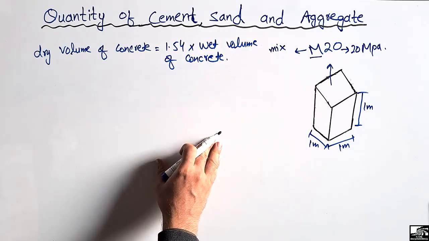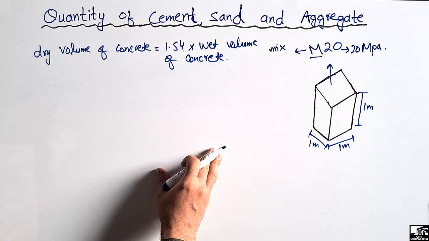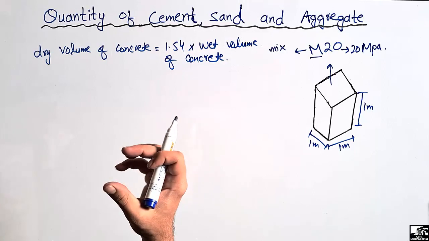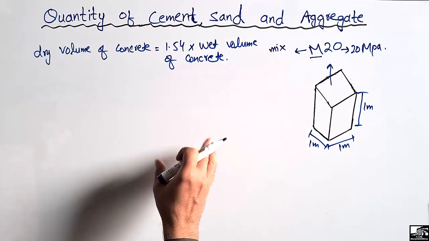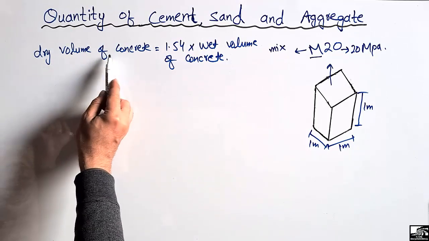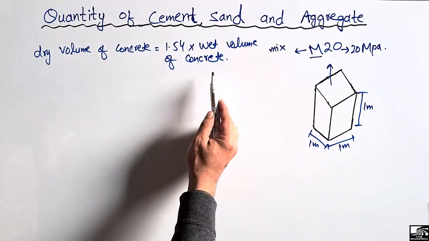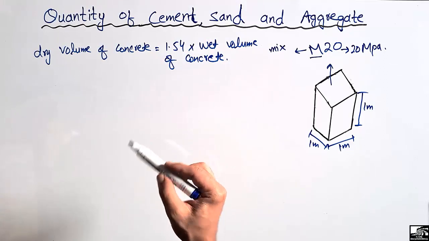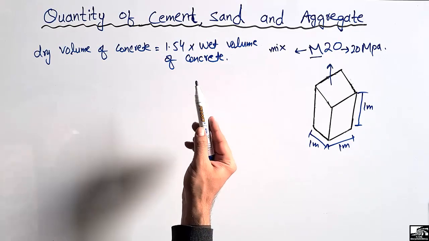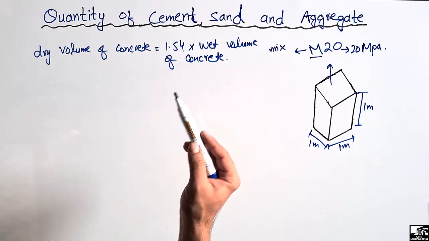Why? Because the wet volume of the concrete is always less due to the absorption of water by the sand and the cement particles. So the dry volume of the concrete is always greater than the wet volume of the concrete. This is because of the absorption capability of the cement, sand and coarse aggregate particles.